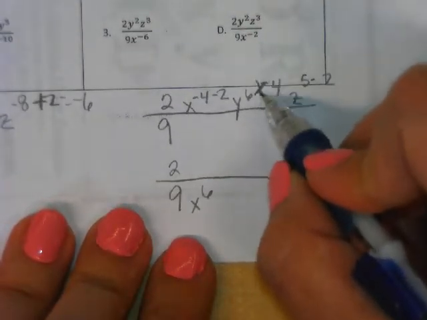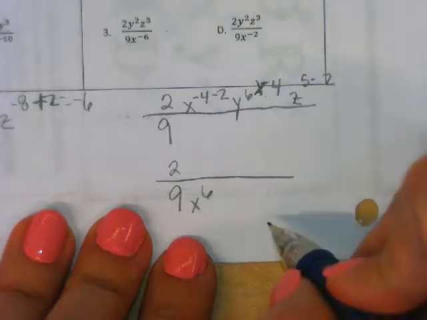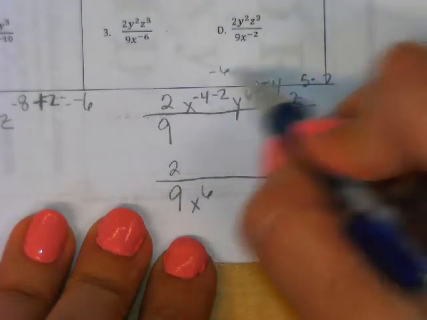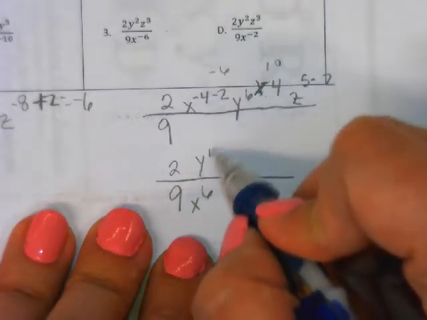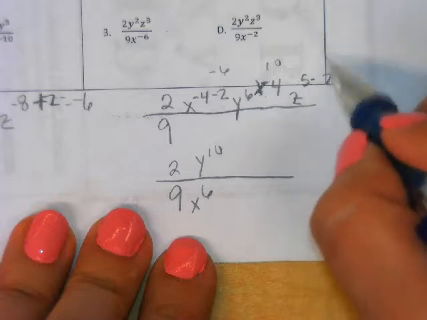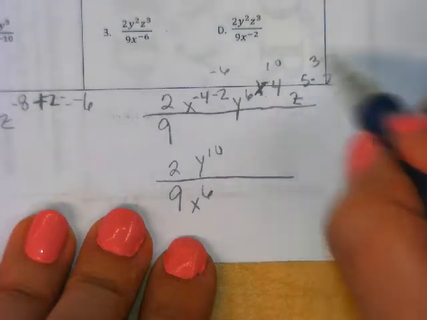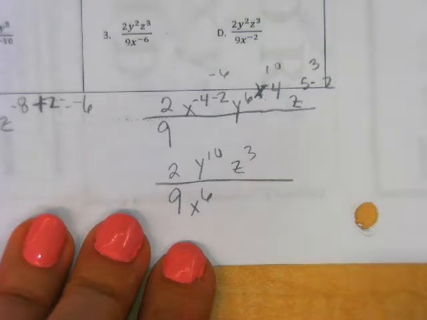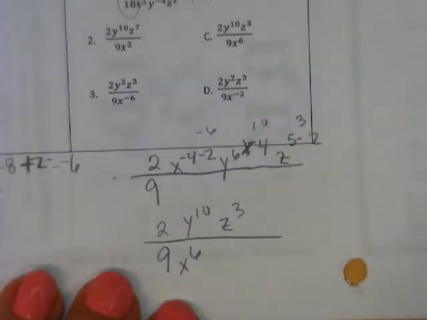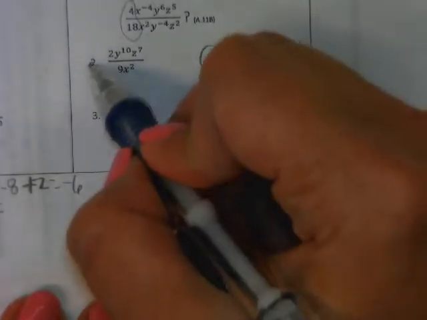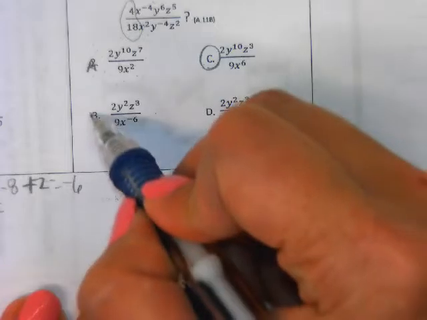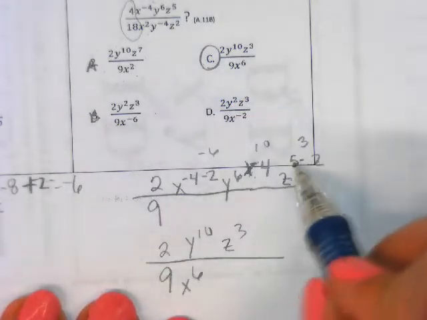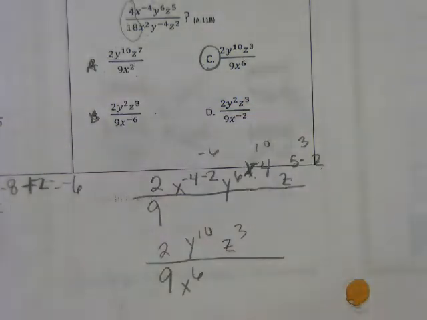Okay, so then I just have 6 plus 4 is 10. Where does that go? That goes on the top. Good. And then 5 minus 2 is, where does that go? That goes on the top. So which one looks like that? C. This should actually be an A and a B, because my Z's look like 2's. So I put a line through them.